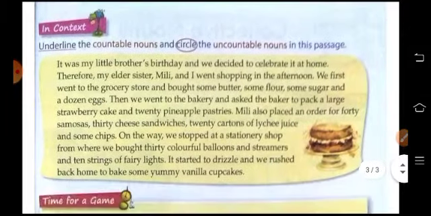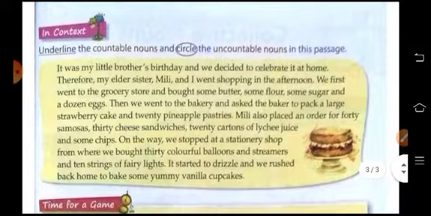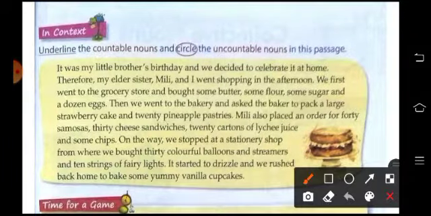Here, underline the countable nouns and circle the uncountable nouns in this passage. It was my little brother's birthday and we decided to celebrate it at home. Therefore, my elder sister Millie and I went shopping in the afternoon. We first went to the grocery store and bought some butter, some flour, some sugar, and a dozen eggs.